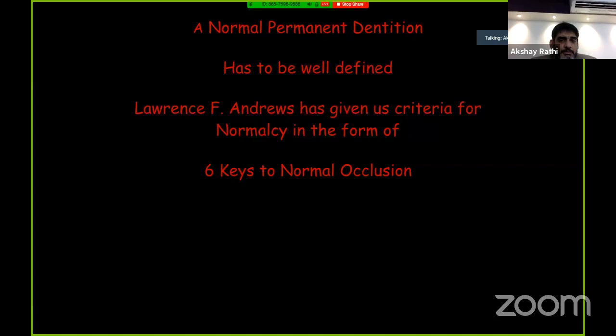This is something which you could apply even to your prosthetic work, even to your restorative work. So let us see what are these 6 keys to normal occlusion.